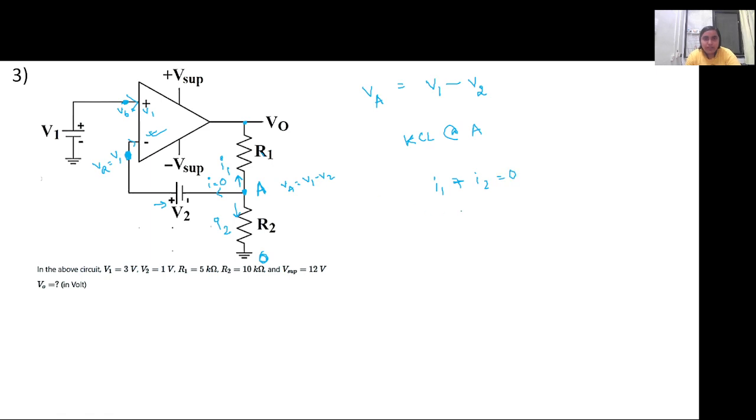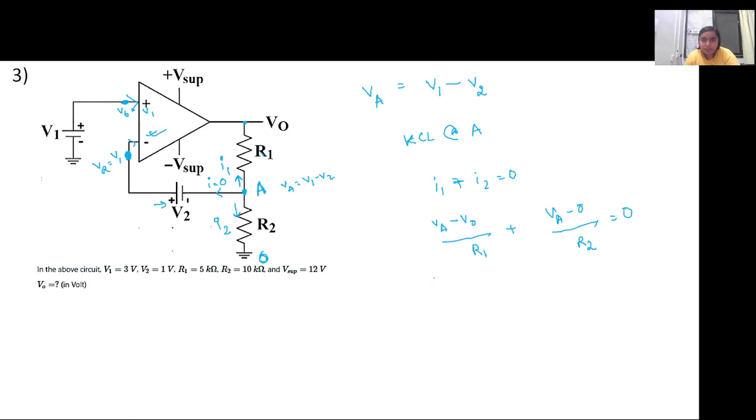I1 is (VA minus V0) by R1, and I2 is (VA minus 0) by R2. This is the KCL equation.